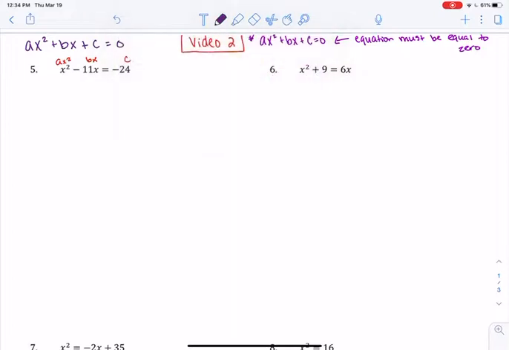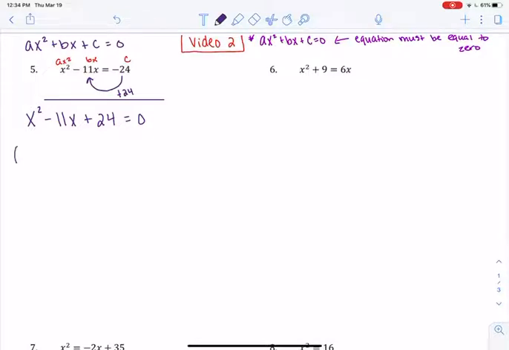So all we're going to do is to get negative 24 to the other side, we're just going to add it. So when I do that, I'm left with x squared minus 11x plus 24 equals 0, which is now in the correct form. We wanted the equation equal to 0. So now we're ready to start factoring.